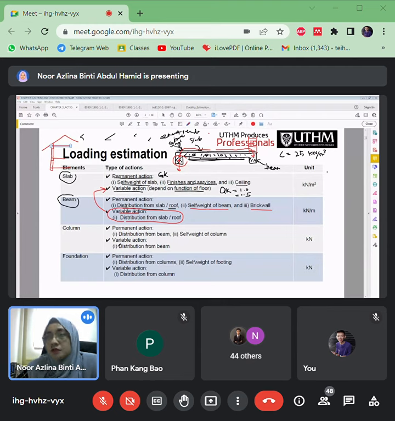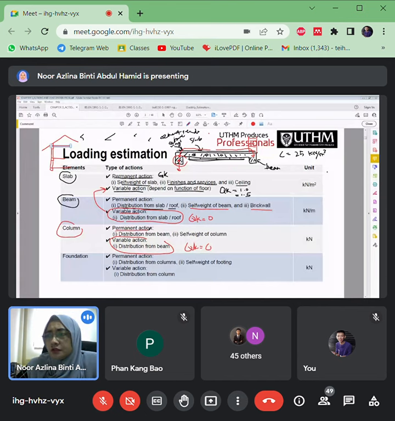So that's why for most beams we do not consider QK. Same goes for the columns. Who is going to sit or stand or live on the columns, right? So QK is 0.